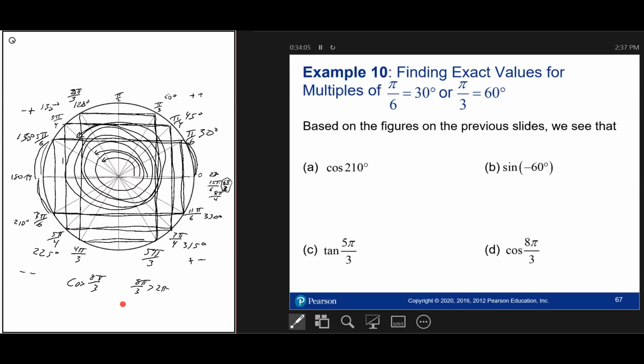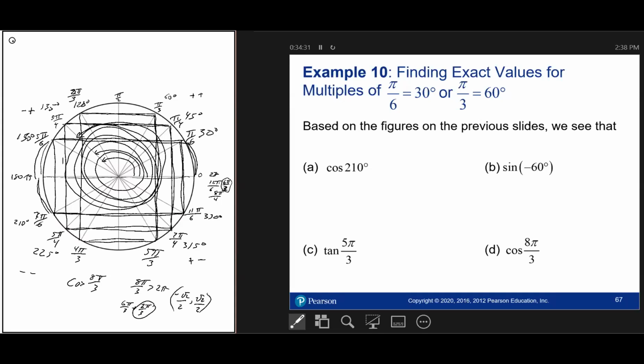So that means I'm doing 6 pi thirds plus 2 pi thirds. Okay, I see. So 2 pi thirds, or 120 degrees, and the coordinates of that point are the negative 1/2 and the square root of 3 over 2.